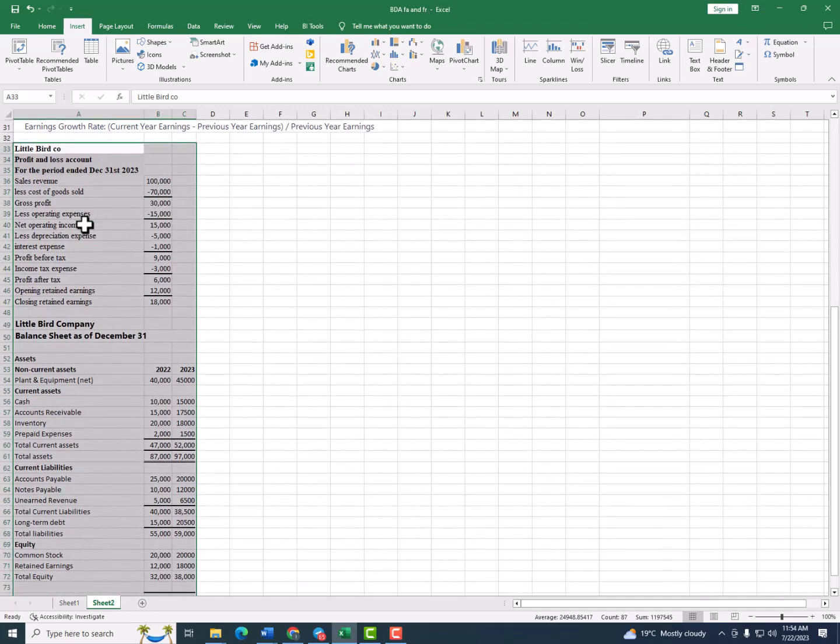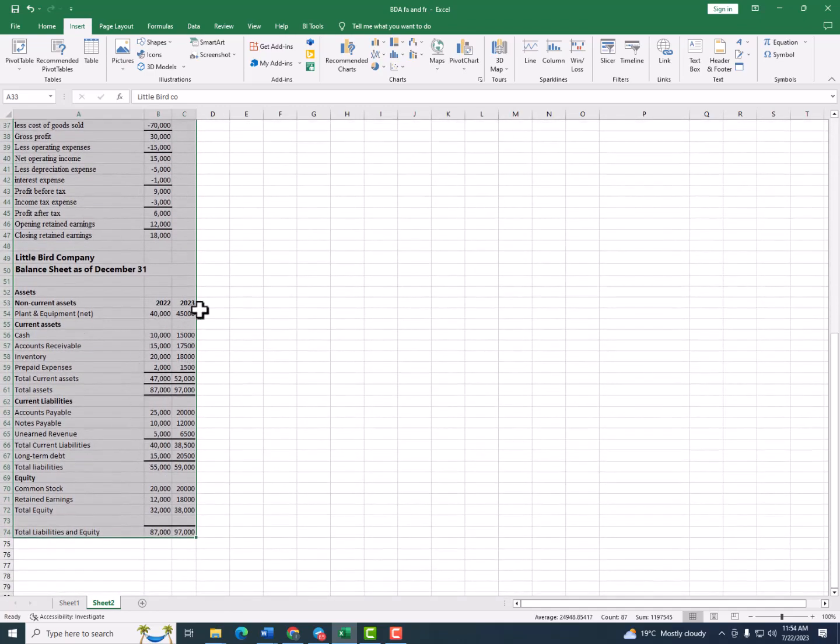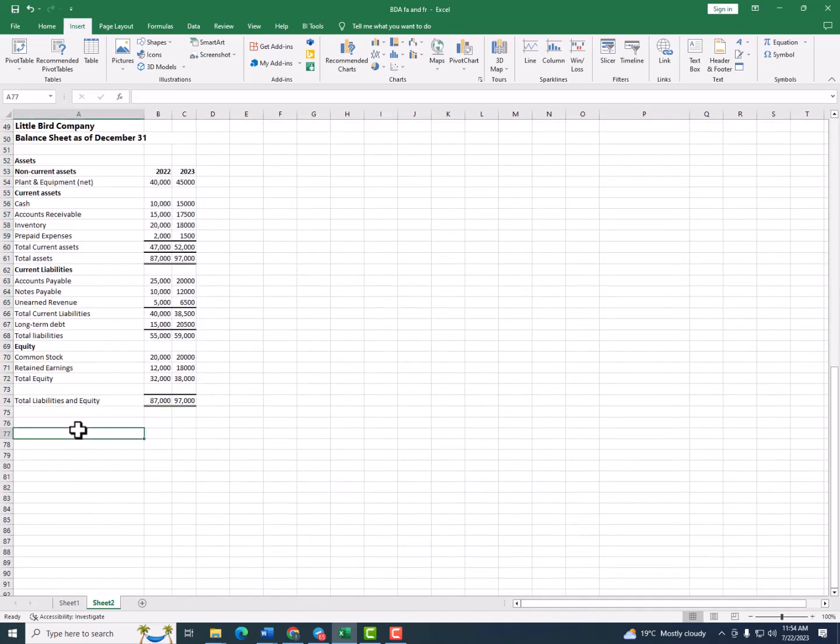So we have the profit and loss account and the balance sheets for the 2 years, and the first ratio we are required to calculate is profitability ratios. The first one, let's talk about gross profit ratio.